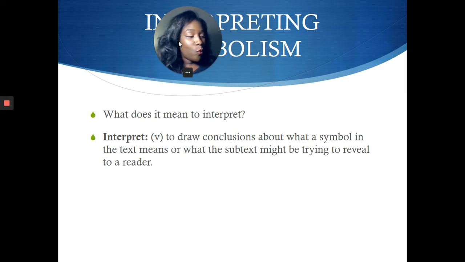But a more realistic way to describe interpreting information. Okay, so think about it this way. You like someone, right? You like someone, okay? And you exchange numbers, you're texting, it's all good.